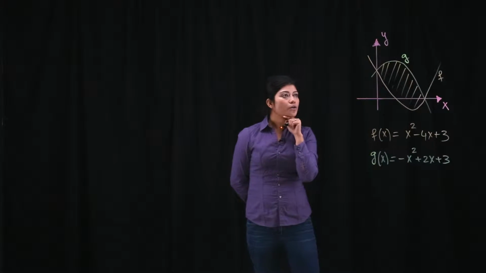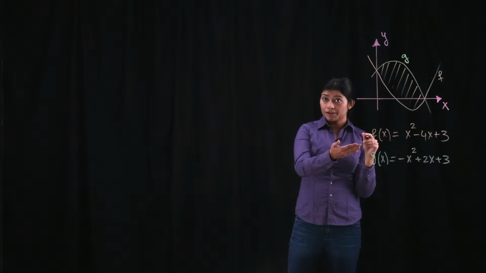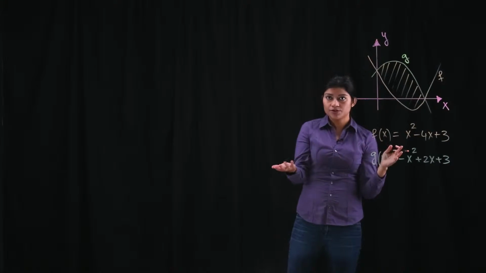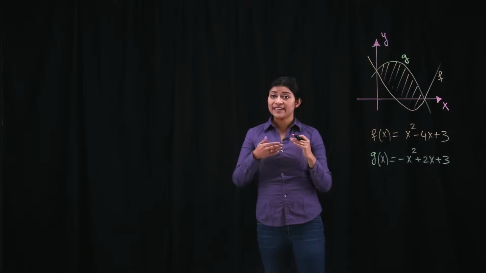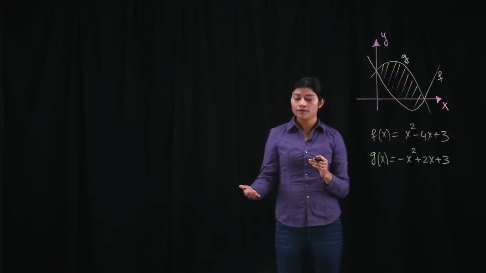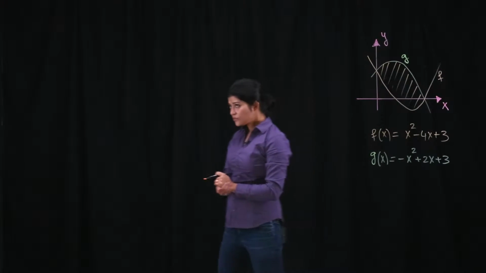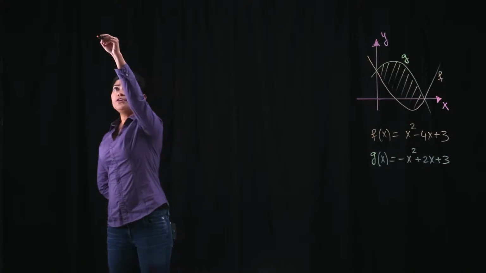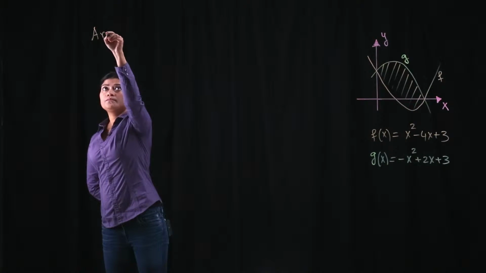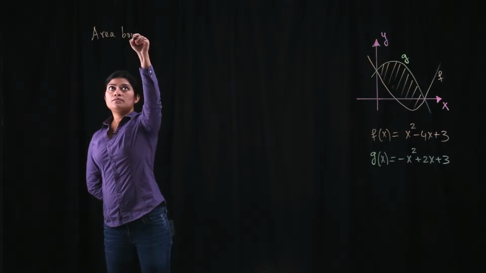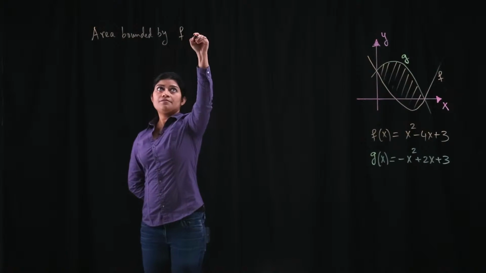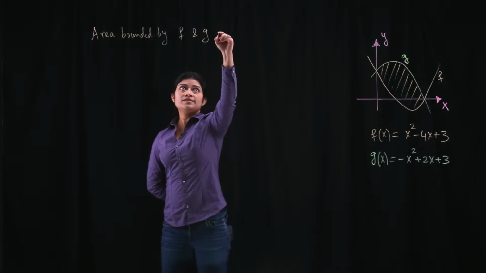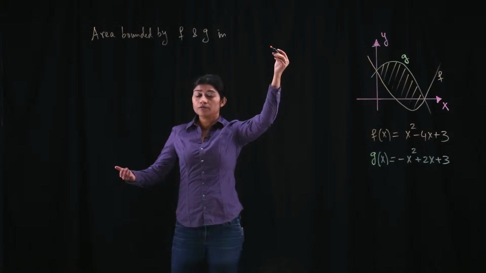You can use a definite integral to find area, as you know that a definite integral gives us area. So first we have to set up the integral and then we'll solve it. To compute the area bounded by f and g, you have to have an interval, of course.